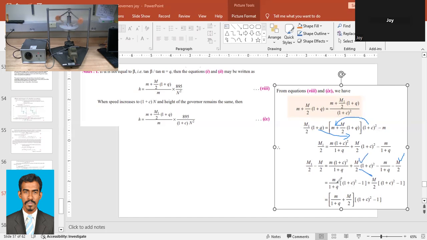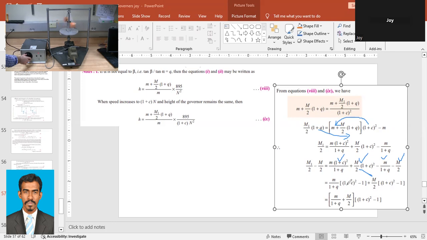When you open this bracket, small m upon 1 plus q into 1 plus c whole square, this term is there, minus, open the bracket, m upon 1 plus q. So I just rearrange these two terms in this format. Why did I do that? Because I have a 1 plus c whole squared minus 1 here also, which means I can further condense this one.